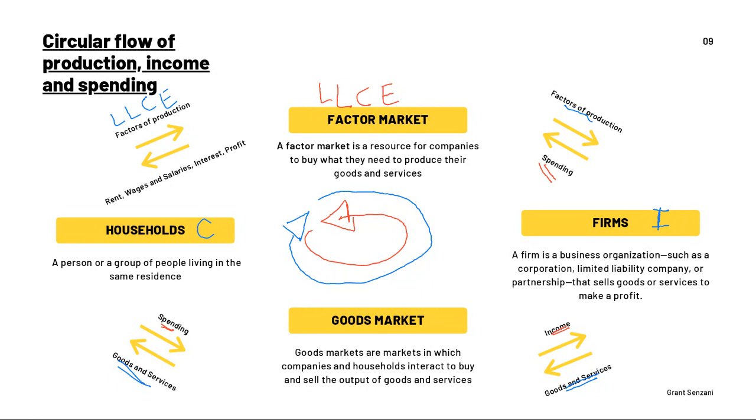Then the firms compensate the households through rent, wages, and salaries, and then the households spend that compensation at the goods market. Absolutely. And that income is derived from the households spending their money in the goods market. Yes, that would be correct. Okay, perfect.